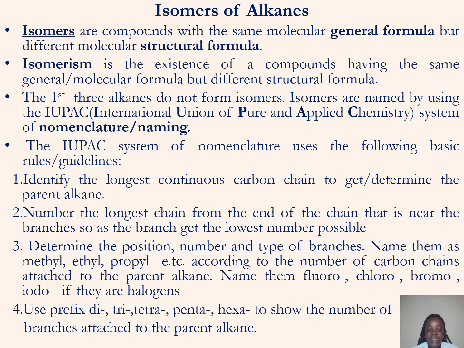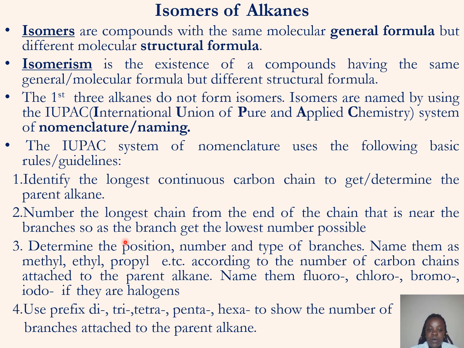IUPAC are initials that stand for International Union of Pure and Applied Chemistry. And it follows some rules, or what we refer to as the guidelines. So if you want to name an isomer, you follow these steps. Step number 1, you first identify the longest continuous carbon chain so that you get the parent name.